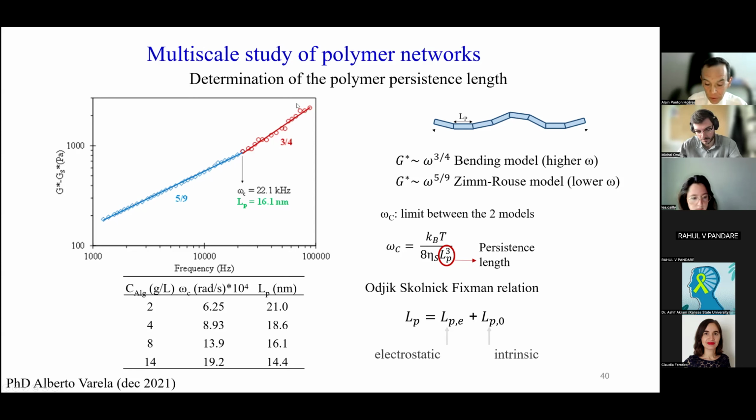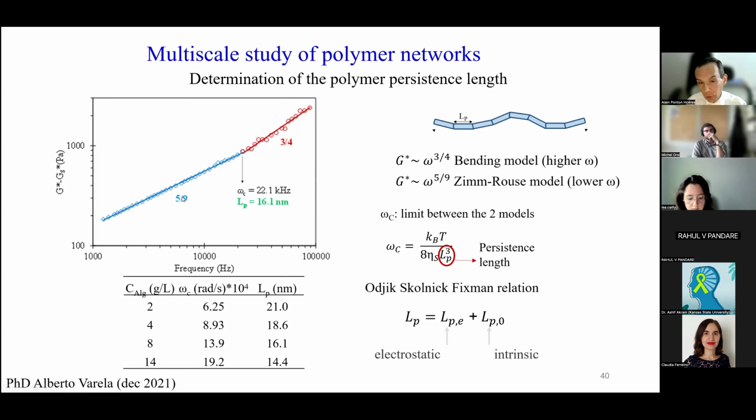And at high frequency, you have the bending mode. The change between these two modes occurs at a critical frequency, and from the critical frequency, you can deduce the persistence length.